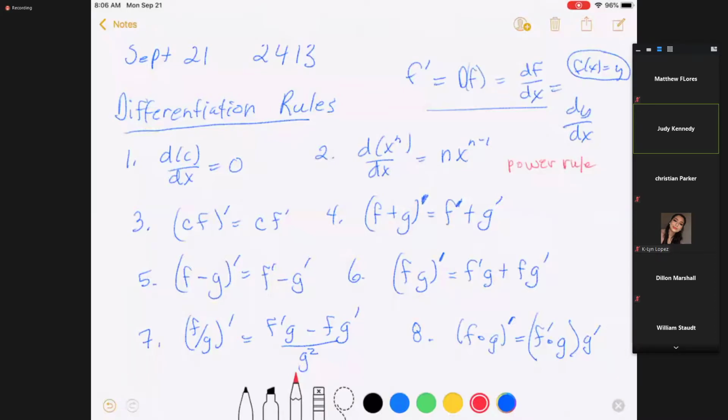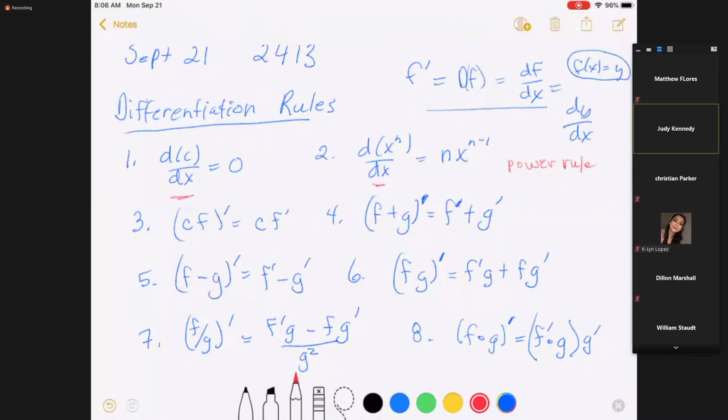One thing nice about this Leibniz notation is that it keeps right in front of you what your variable is. So x is your variable here. And then, okay, switch notation.